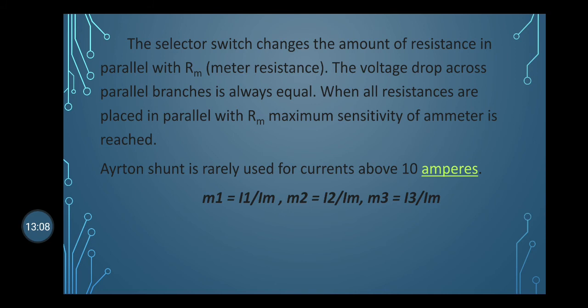Maximum sensitivity of the ammeter is reached when all the resistance is placed across the meter movement. At that time maximum sensitivity of the meter can be achieved, and the correct reading will be obtained.